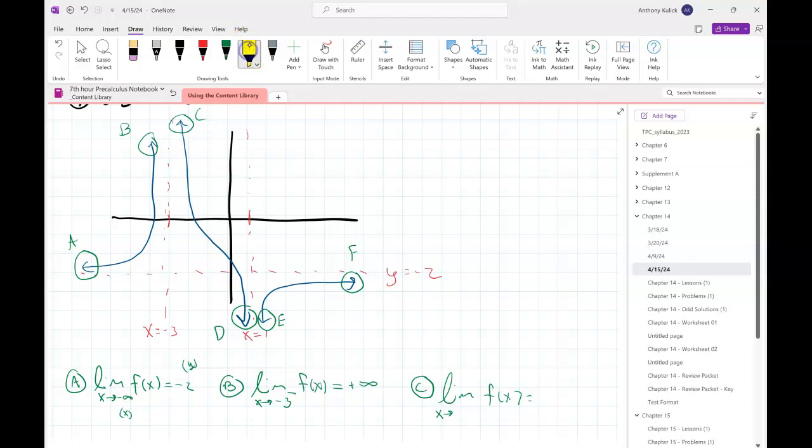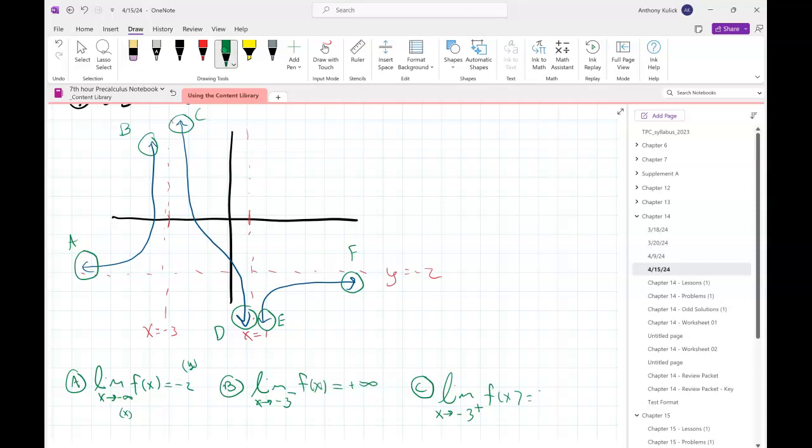Again, it's at -3. But which side of -3 are we on? The negative side or the positive side of it? The positive side of it. So we're going to use a positive superscript there. And what y value is C pointing at?